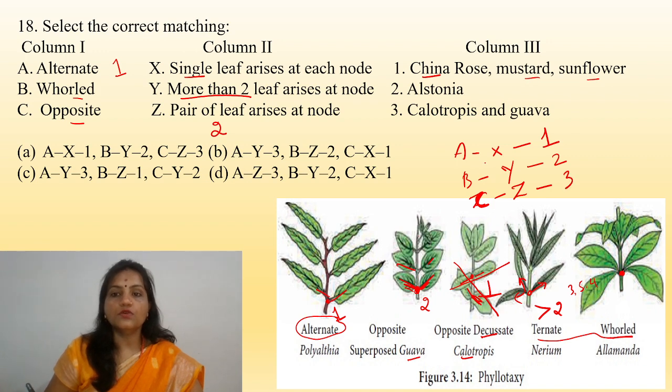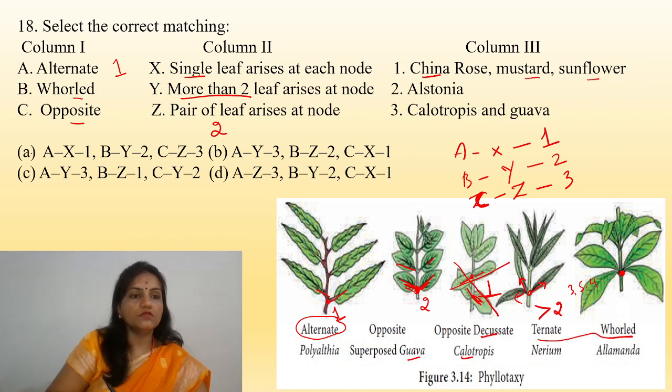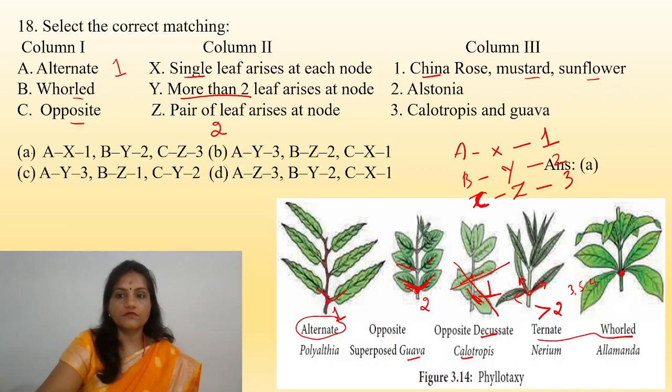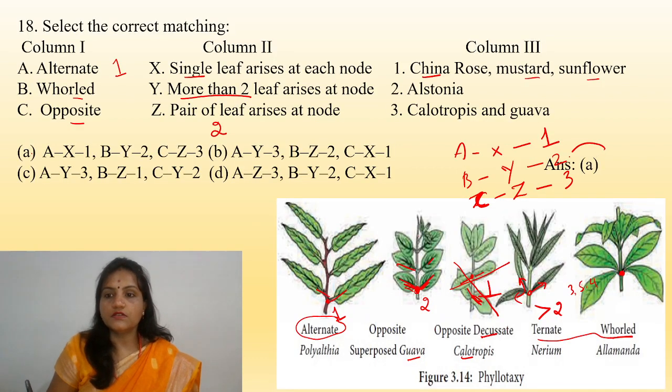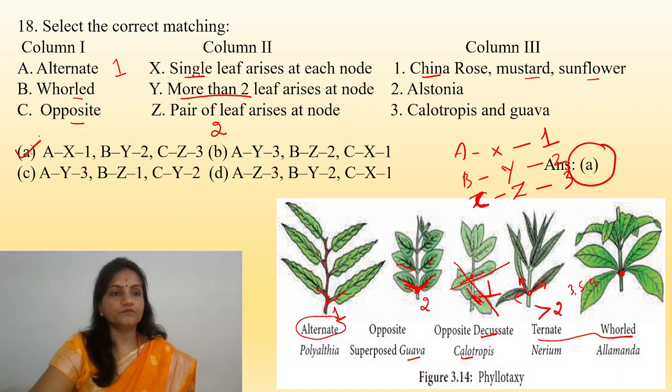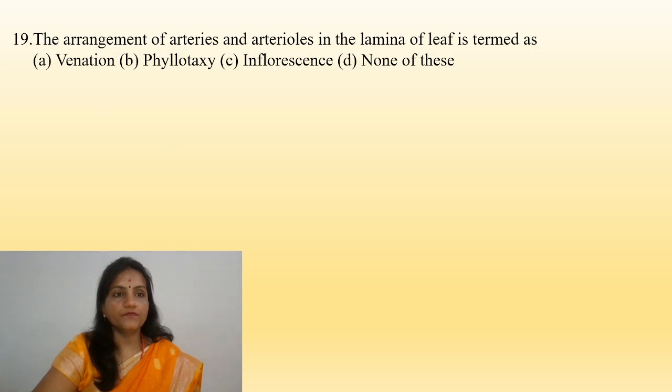So 3 is correct. So A-X-1, B-Y-2, C-Z-3. Sorry, the answer is option A. This is the right answer. I hope you have understood. Let's move to the next question.